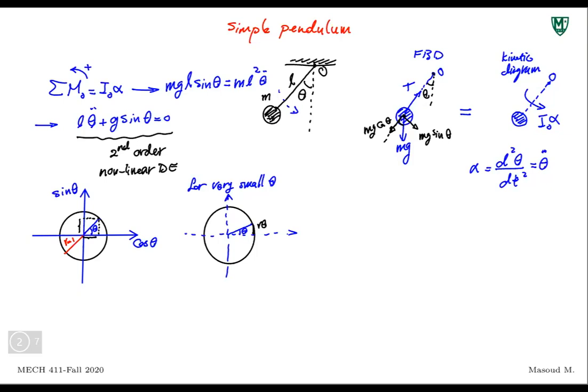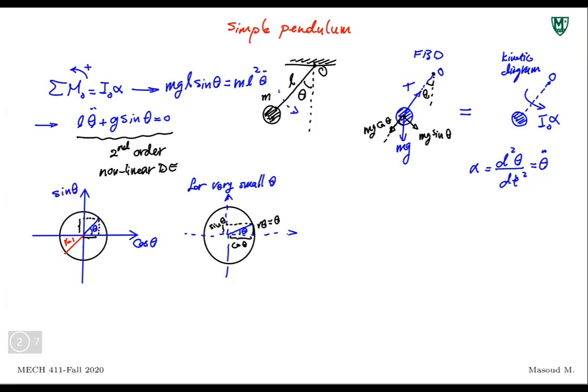Now r is 1, so this arc is theta. Again, this is sine theta, this is cosine theta. So for very small theta, I want you to look at this. This is the assumption that we're going to make over and over for the rest of the semester. Whenever I tell you small rotation, just use the result of this procedure. I'll show you what the result is.